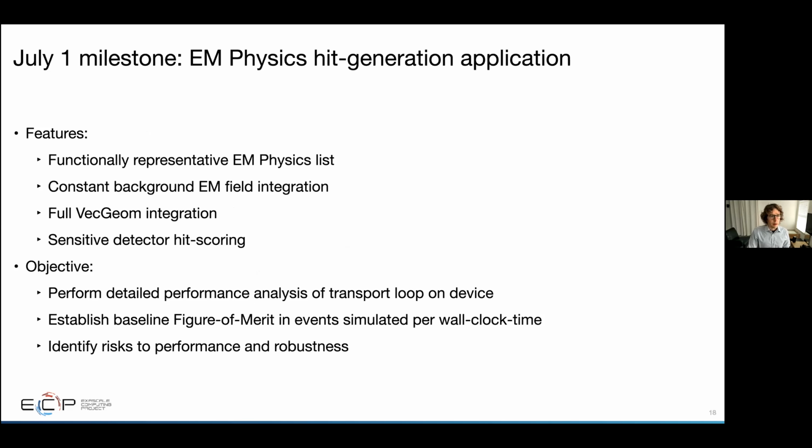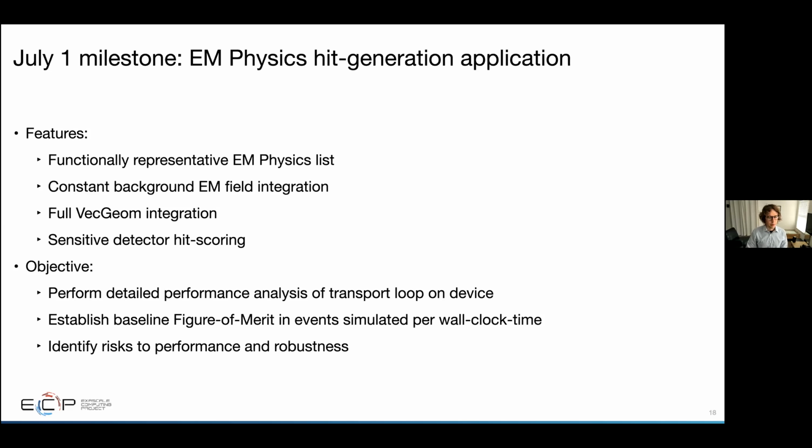So yeah, our 1 year milestone is a fully representative standard EM physics list with a constant uniform electromagnetic field that we're moving through, and integration with VekGeom so that we can do all of the transportation on the device, and be able to export hits from the GPU and save them to the CPU and thence to the disk.